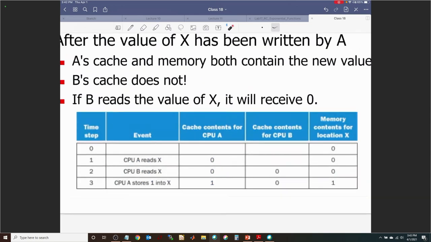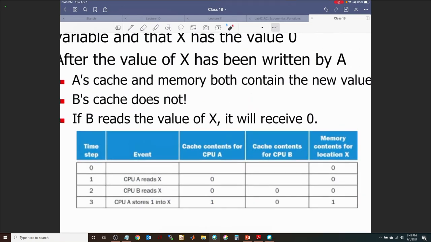Let's go to this table here and talk about a few things. In the leftmost column, we are monitoring the time step. In the next column, we are talking about the event and who initiates that event.